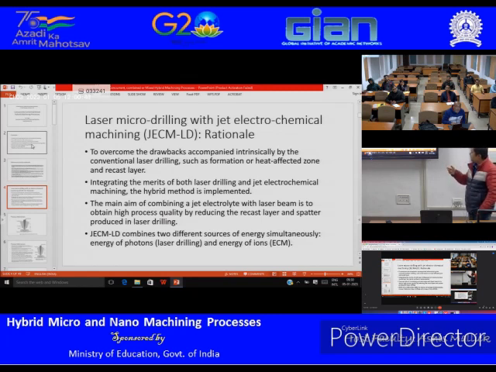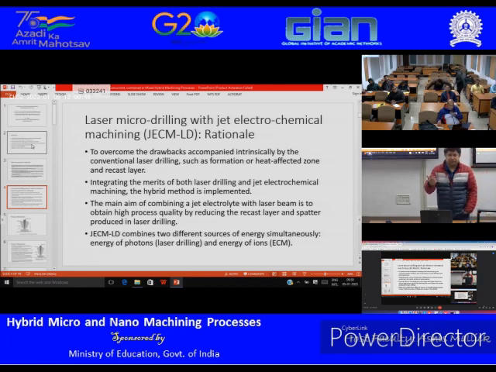Electrochemical machining removes material by electrochemical dissolution, because of the chemical reactions. Here it is the same principle. You use laser micro drilling to make a pilot hole. Then at the same time, not after, just immediately with the laser micro drilling, you use a chemical jet.